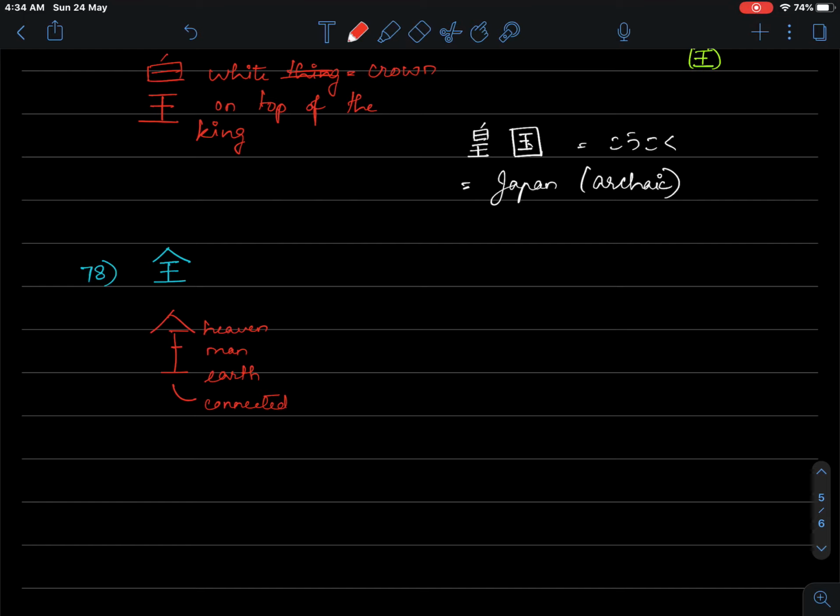And all of those things are under a roof. So it means whole or all, right? The roof has the heaven, man and earth, everything under it. All things are under it.